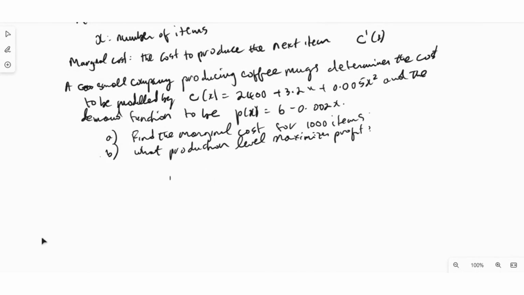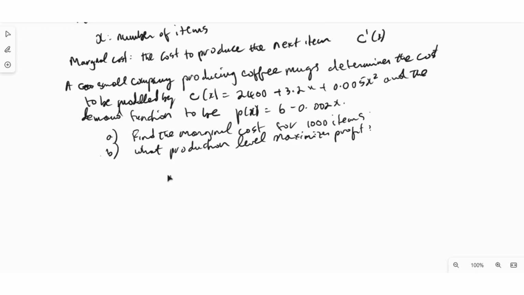What will be the cost to produce the next item, which means what will be the cost to produce the 1000th item. So we do C prime of x. The marginal cost is the derivative of that, which is 3.2 plus 0.010x.